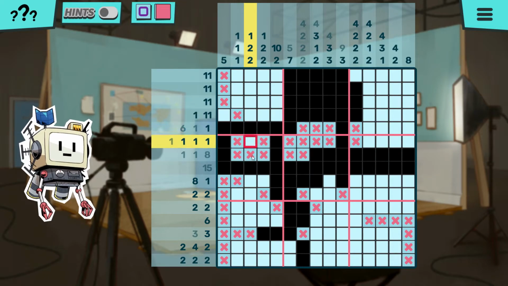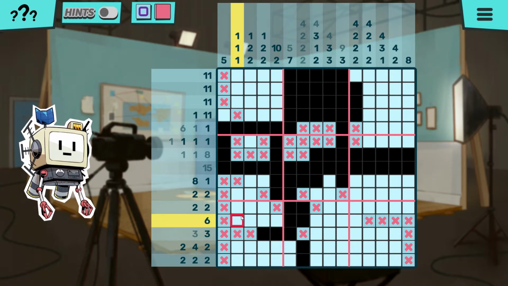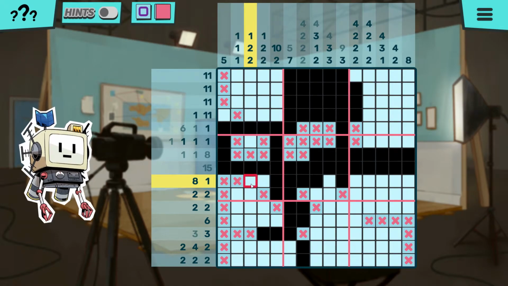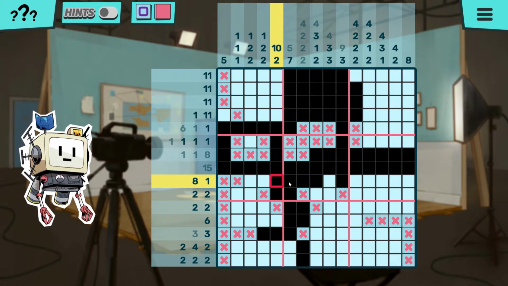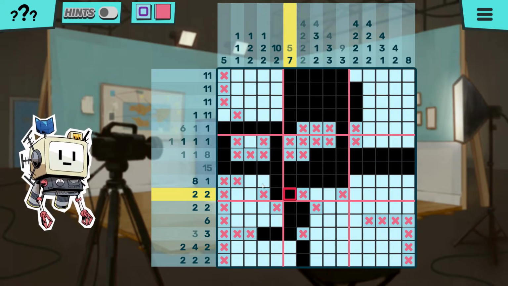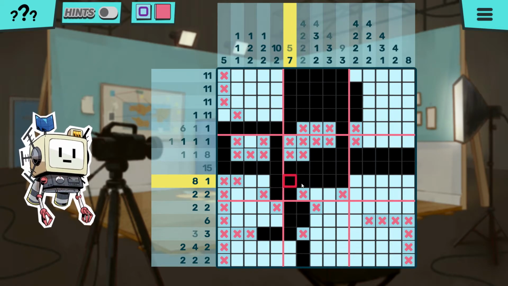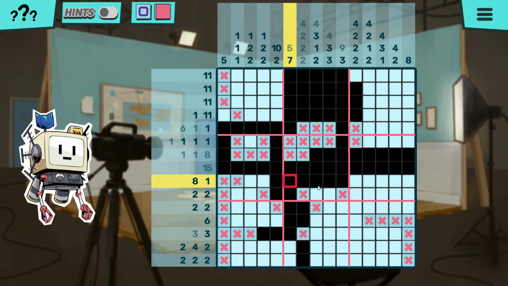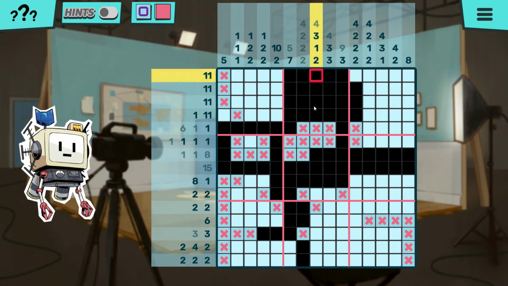This can already be a 2. But with that out of the way, 1, 2, 3, 4, 5, 6, 7, 8. This needs to be filled. The rest still works, but that one field needed to be filled.